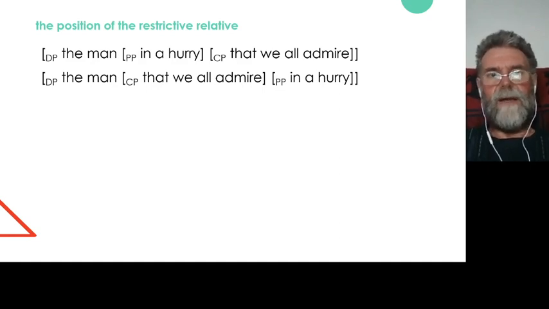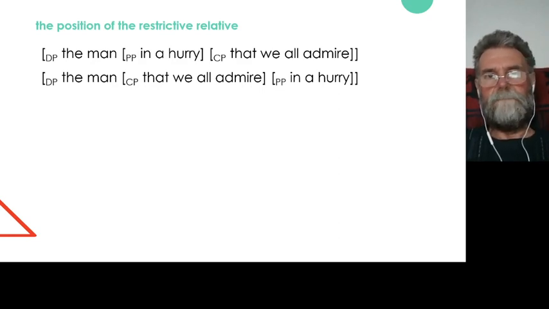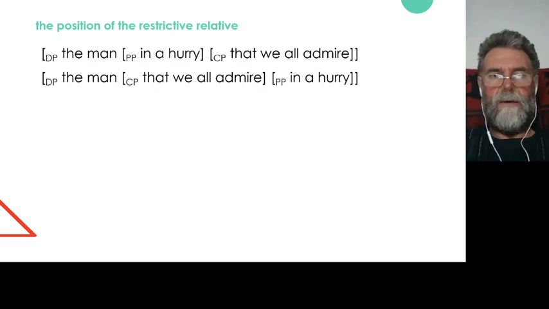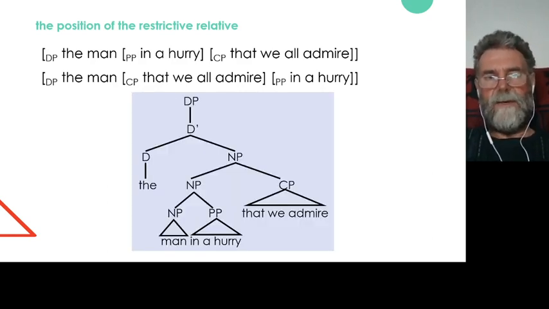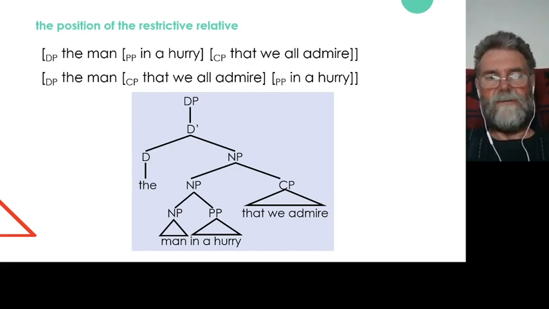So, the man in a hurry that we all admire versus the man that we all admire in a hurry. Both of those sound perfectly okay, and therefore we're led to the conclusion that the relative clause is adjoined to exactly the same place that the preposition phrase is adjoined, and that is the noun phrase. So it seems that we can conclude here that the restrictive relative clause is adjoined to a different position inside the DP to that of the position where the non-restrictive relative clause is.